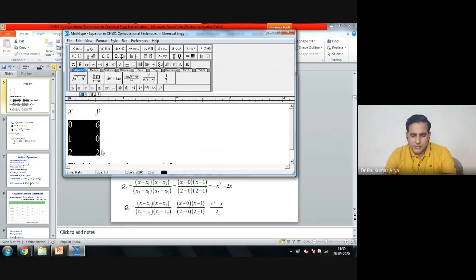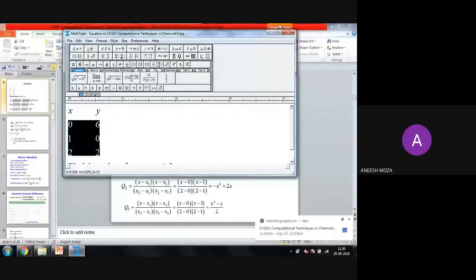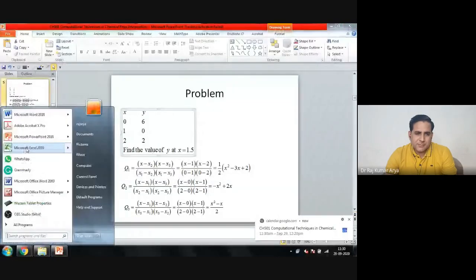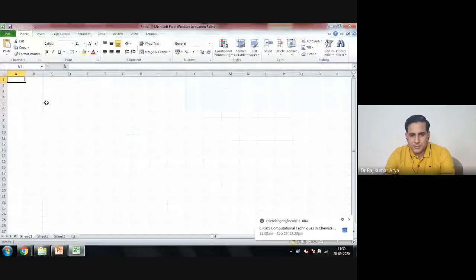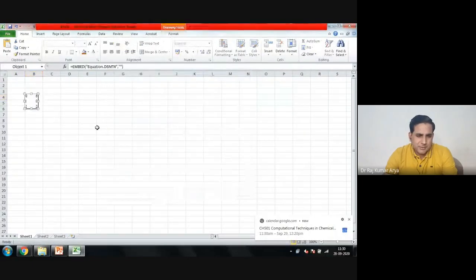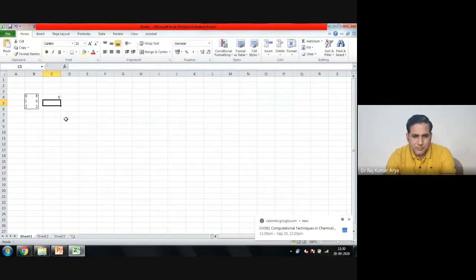Any other thing you tried for that? No, sir. So let's see, if you want to plot those values in, let's say, an Excel sheet here. Your x values were 0, 1, 2, and your y values were 6, 0, 2, right?